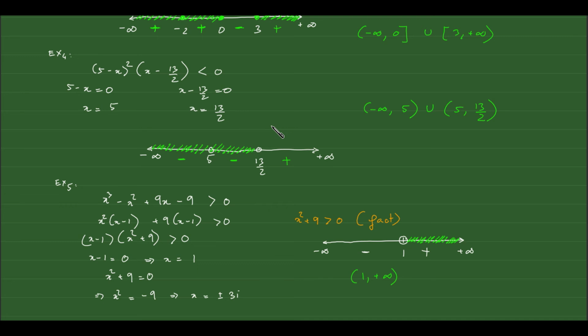Okay. Now on the second part of this video, we'll be focusing on how to solve rational inequality. You already know how to solve rational equations, and you know what a rational expression is.